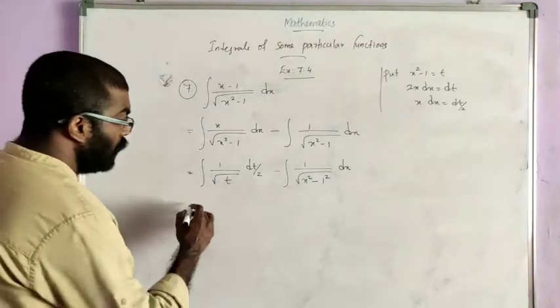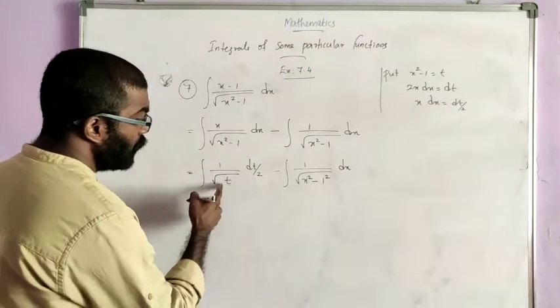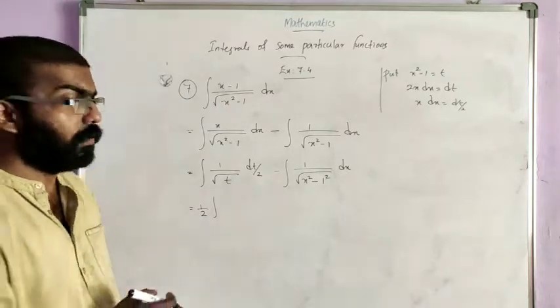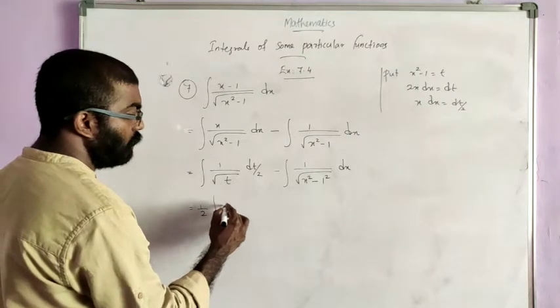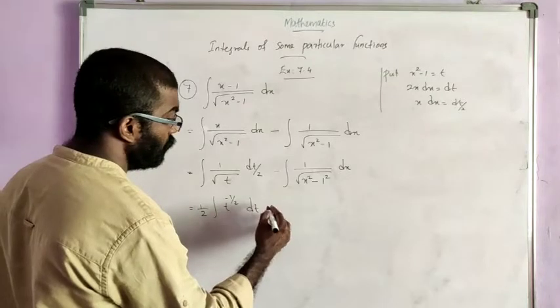Right. So here this 1 by 2 we can take it out. 1 by 2 into integral. We know root t is t raised to 1 by 2, and 1 by root t is t raised to minus 1 by 2 dt.